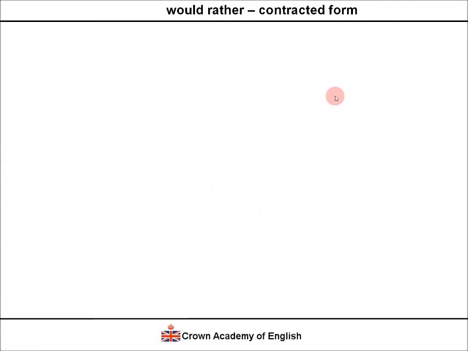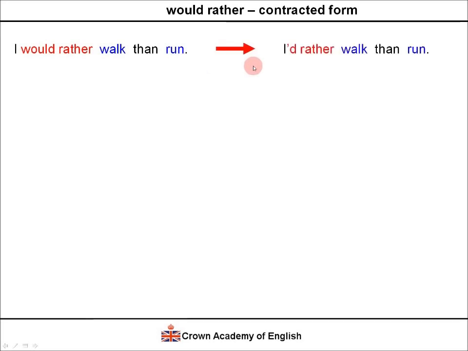Let's look at the contracted form. So here is the full form. I would rather walk than run. And in the contracted form, we write an apostrophe, which is this little line here, and the apostrophe replaces these letters.